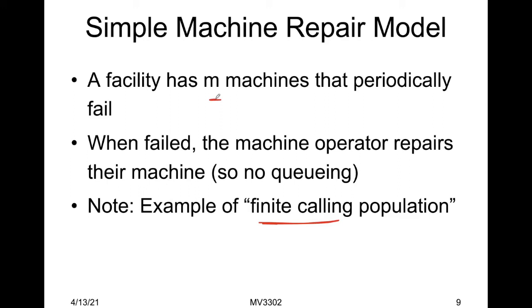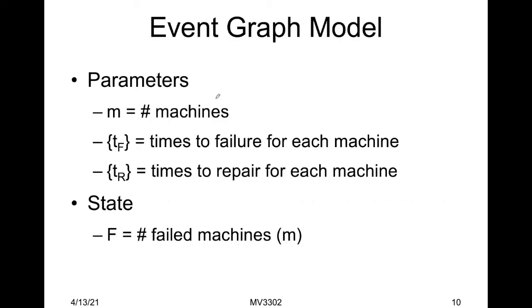When all machines have failed, what's the next arrival? And the answer, there isn't one. If they've all failed, then there are no more to fail. So your model needs to take that into account. What that means is that the arrival process is not a good model for this situation.